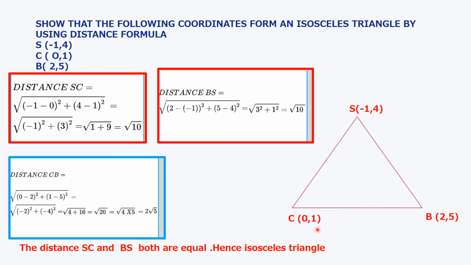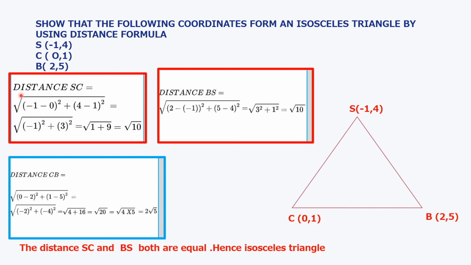Similarly C is 0, 1, and B is 2, 5. Now we are going to use the distance formula on all three to find the distances SC, CB and SB, or you can say to find the lengths of the three sides. Both mean the same thing.